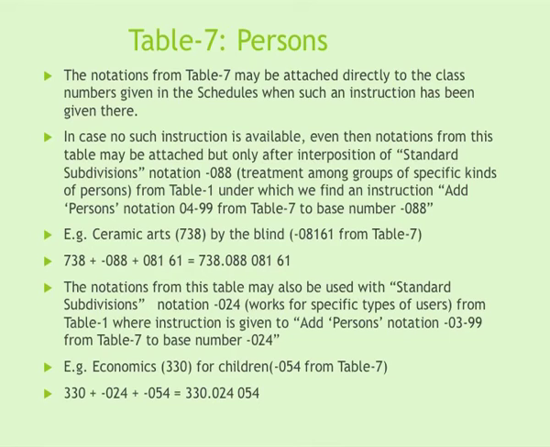Under 088 we get an instruction that says to add persons notation from table 7 to the base number 088. The point is that we can add or attach table 7 numbers, which are various groups of persons, with the main subject number. Number one, primarily on instructions.